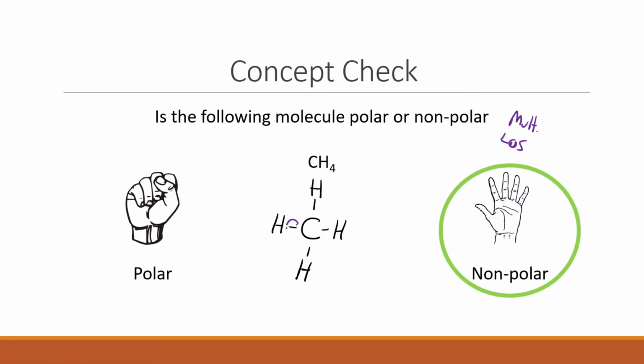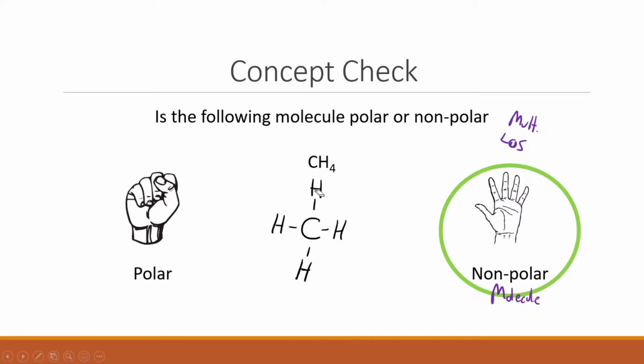The bonds, the individual bonds, are all polar. It has 4 polar bonds, but overall is a nonpolar molecule. It's important to make that distinction. We are no longer looking at the bonds.